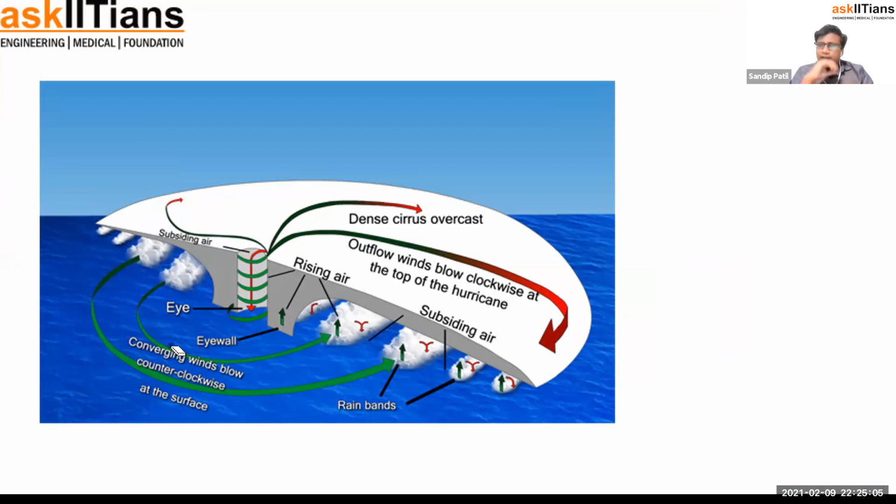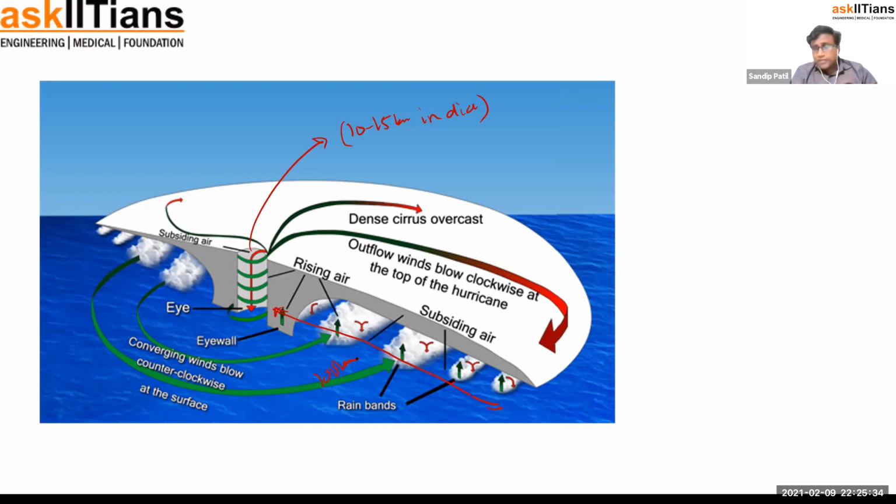It is calm, right? Very small winds are flowing there, small velocity winds. This eye part is only almost 10 to 15 kilometer in diameter, and all the other part, this bigger one, is almost 100 kilometer, you can say, right?